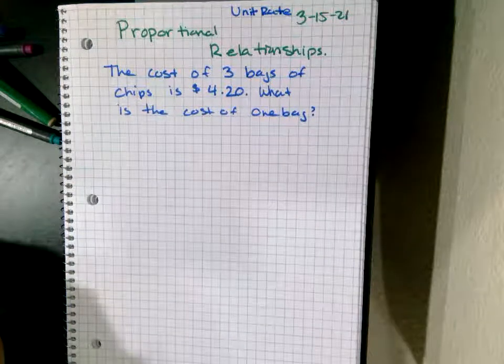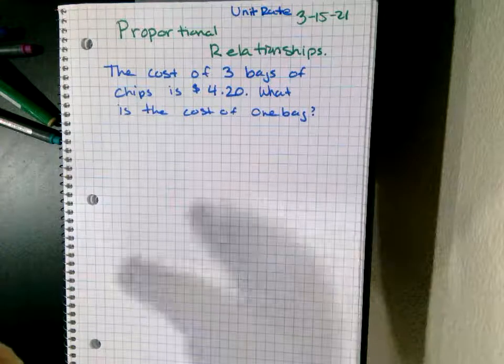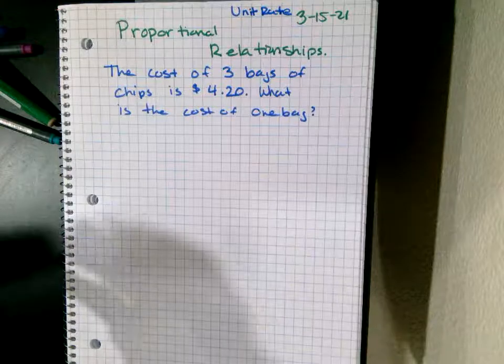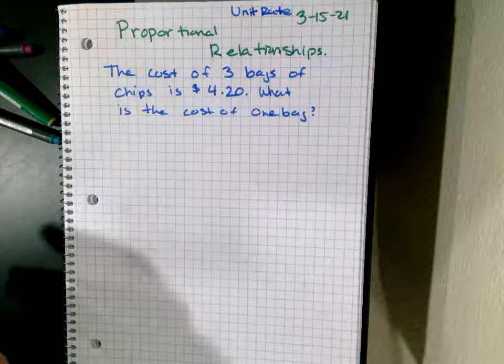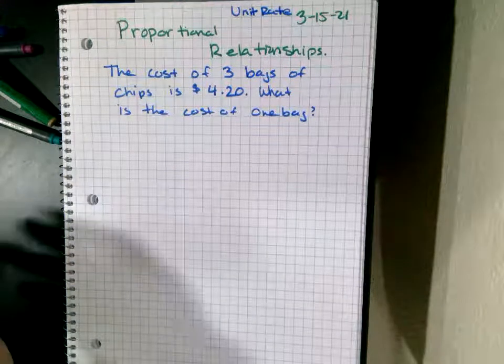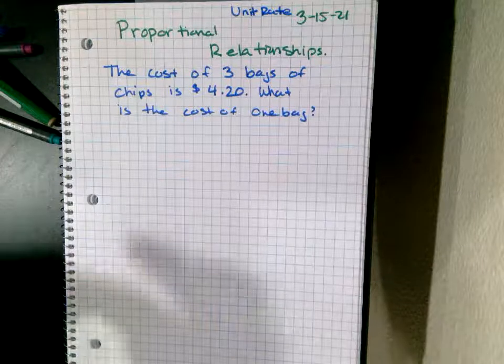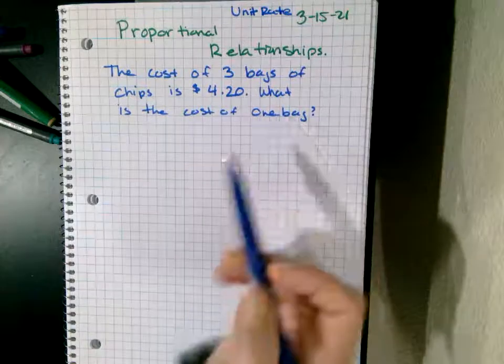They always tell you what multiple things cost or how long multiple things take. But I want to know, how much does one thing cost? Or how long does it take me to run 1 mile? Not 5, but 1 mile. How long does it take me to bake 1 cupcake, not 100 cupcakes? So unit rate is always one of something. So here it's asking you the cost of 1.